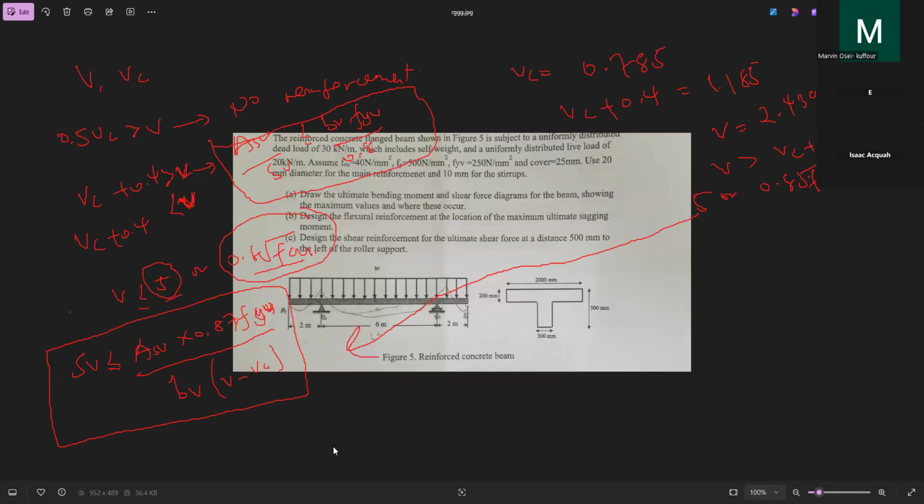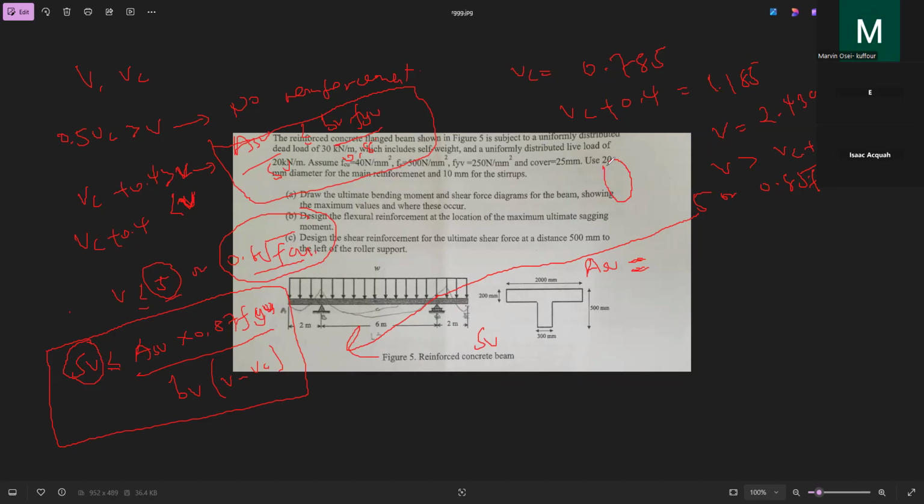And we are interested in knowing the spacing. That's all shear design is about. We are interested in this SV, and we already know ASV, but we have to calculate it. ASV is the area of two bars.